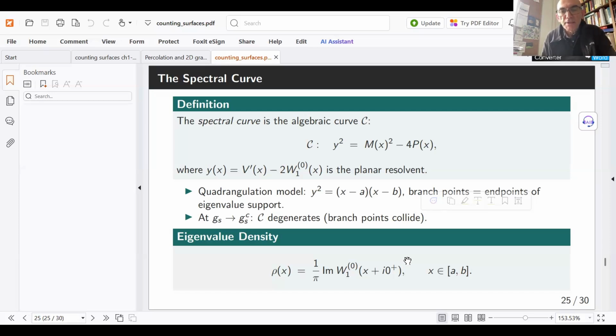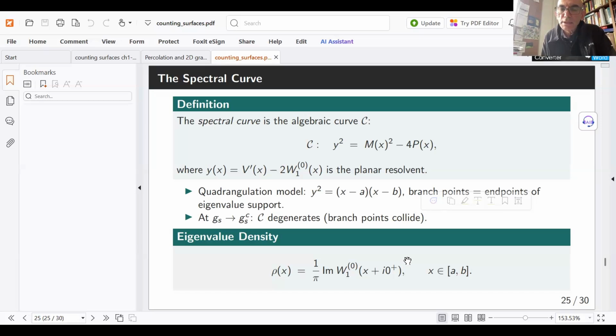This is for finite n, and as n goes to infinity, this discrete distribution converges to a continuous distribution denoted by rho of x. And those equations can be shown to lead to the spectral curve we have over there.